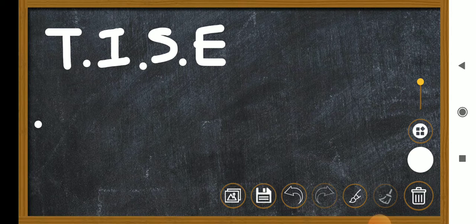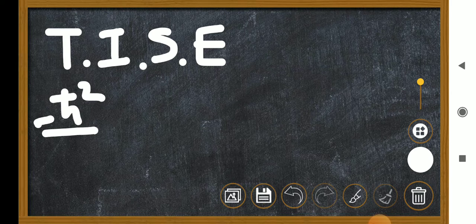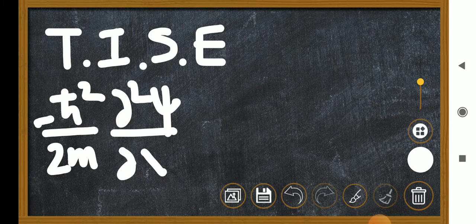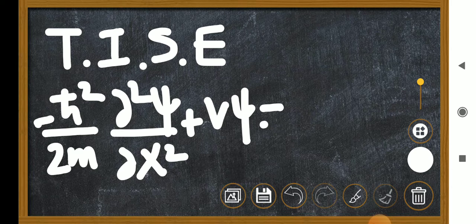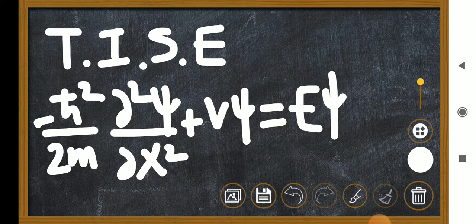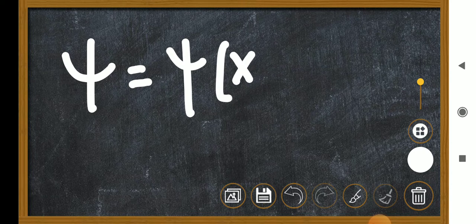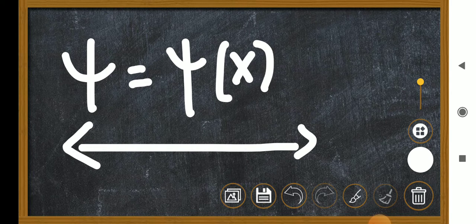This is written as minus h bar square, which is the reduced Planck constant, by 2m, del square psi, which is the wave function, del x square, plus V psi equals E psi, and psi here is a function of x and x only, because we are just considering the x-axis.